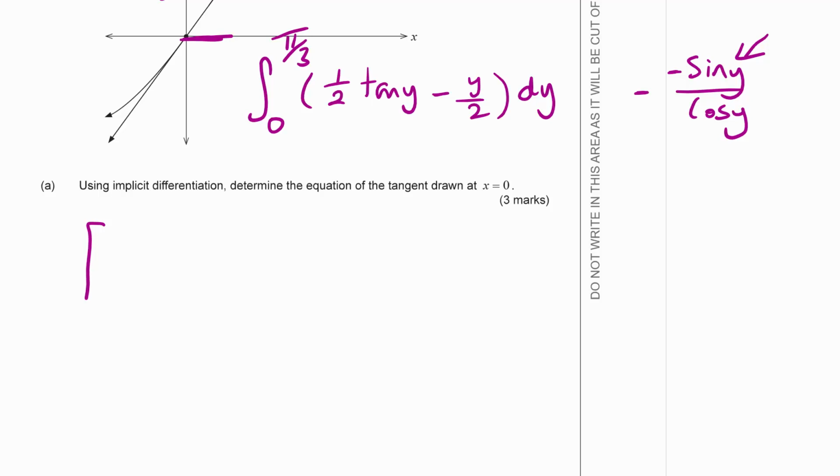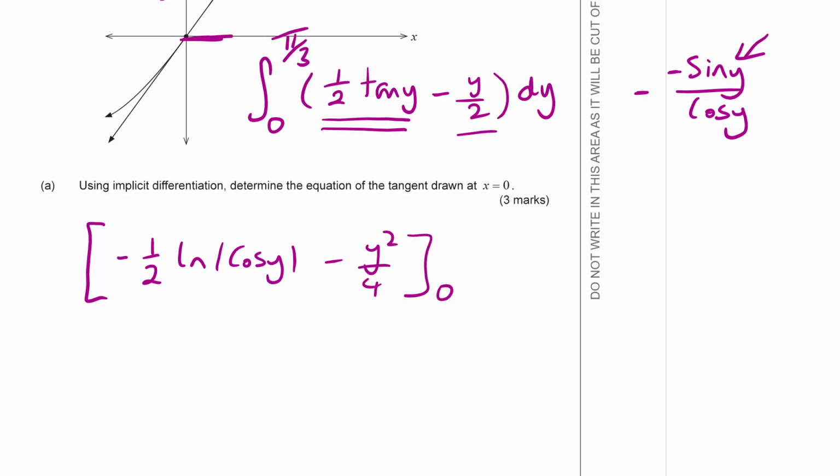So in other words, half tan y integrates to negative a half ln cos y. And then the y over 2 is just going to be y squared over 4. And we're going from 0 to pi by 3.